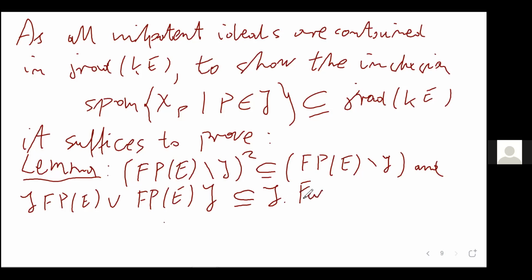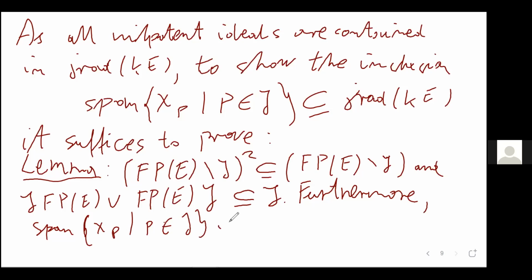Furthermore, span of all these chi-p's with P running J is a nilpotent ideal. Okay, and now it's clear what I meant.